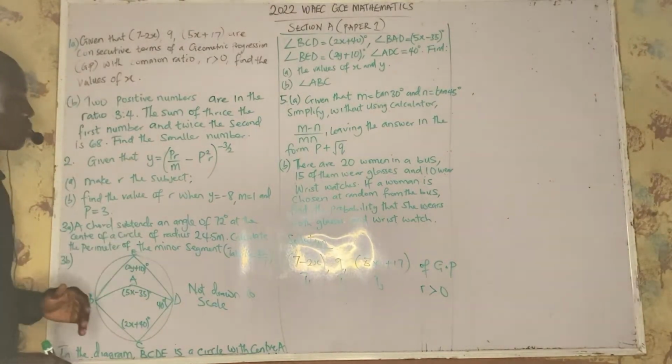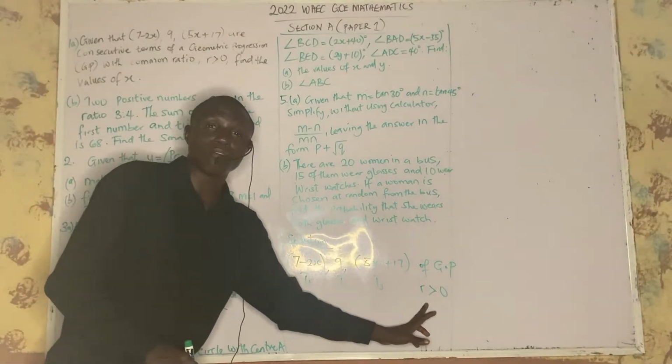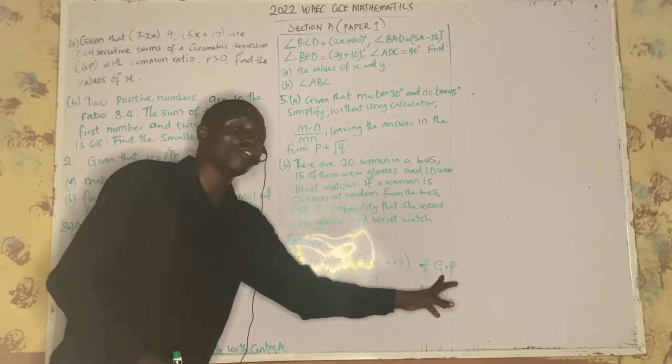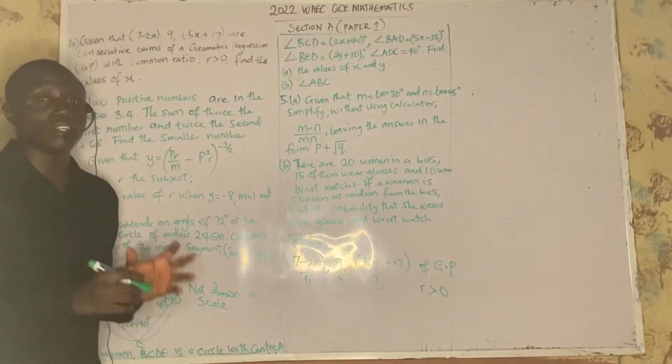The first thing I'm going to do, to get our x, is to use the formula for the common ratio for a geometrical progression.